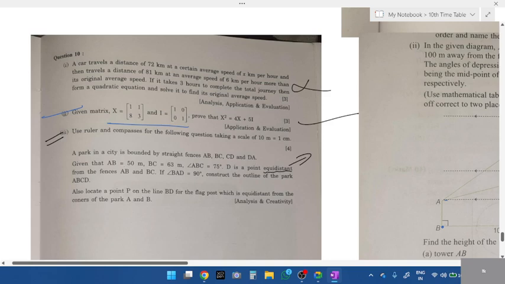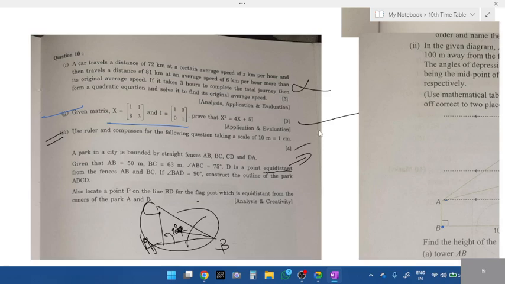Given that ABC is a triangle, you just draw a triangle with angle A 90 degrees. Then D is a point equidistant from AB and BC. When two lines are given, you need to draw an arc like this. D is a point. Okay, even this you can solve.